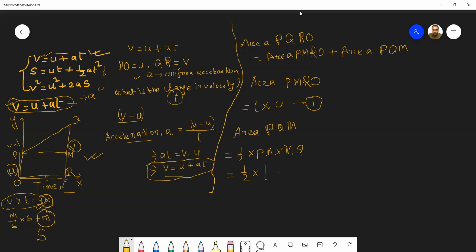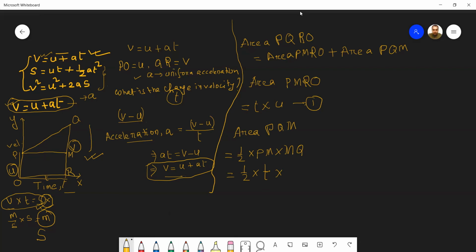So T multiplied by MQ. MQ is equal to this portion. So what is MQ? RQ is equal to V and MR equal to U. Why MR equal to U?